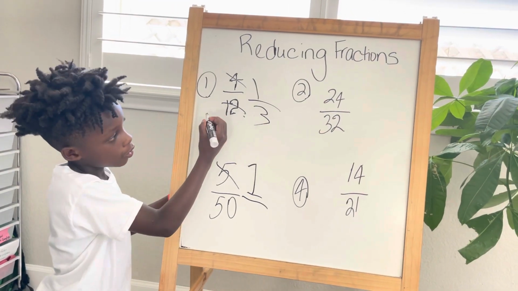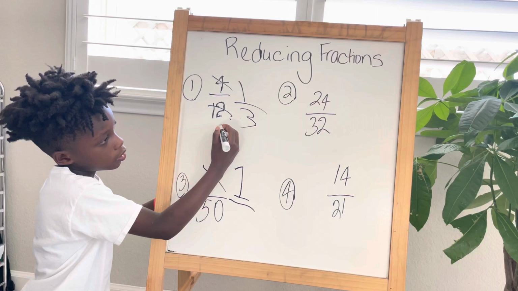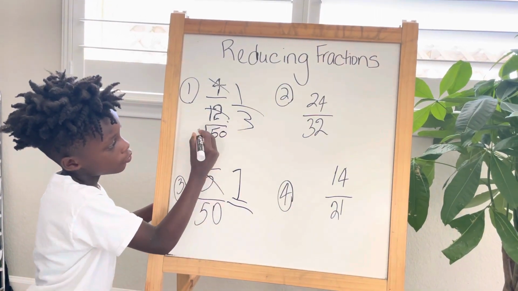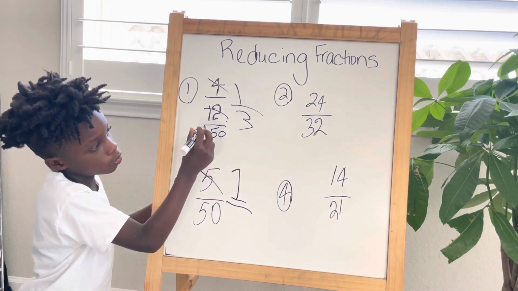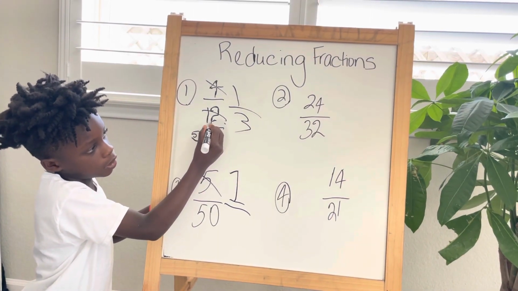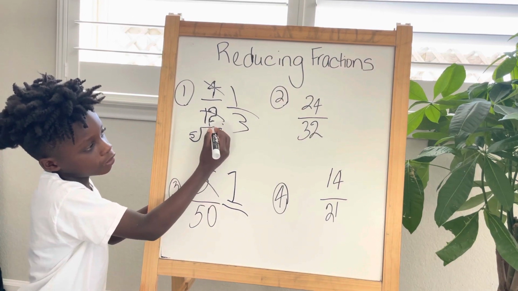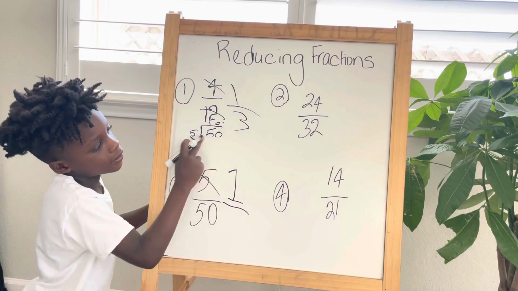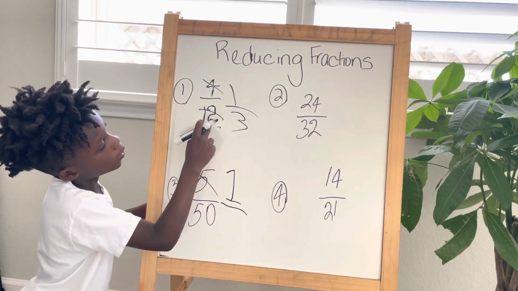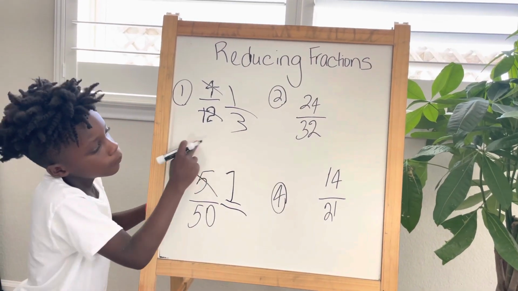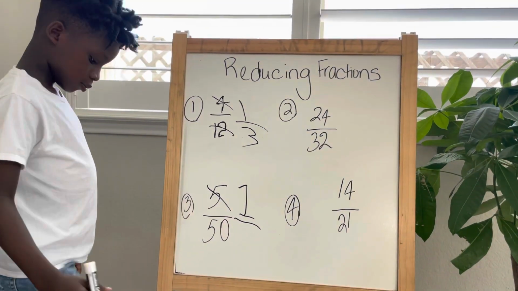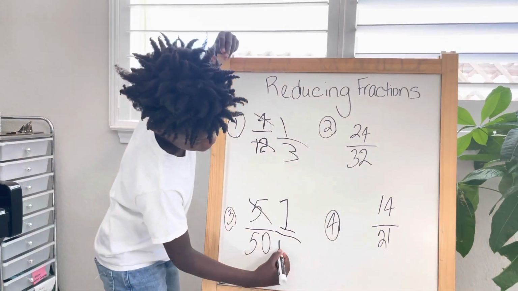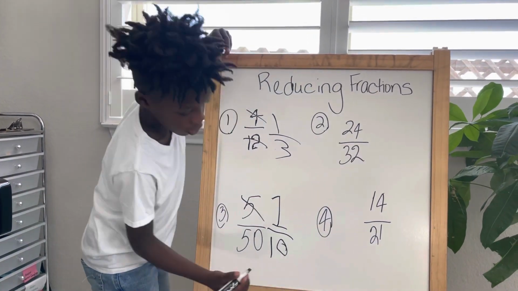You get 10. 50 divided by 5: 5 can go into 5 one time, and 5 can go into 0 zero times. So it's 10. The answer is 10, so the answer is 1 over 10.